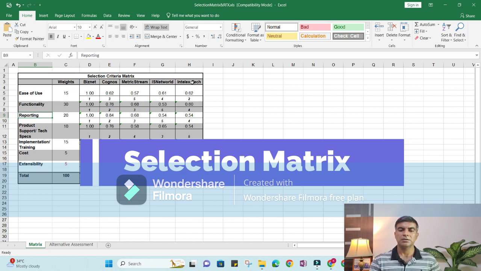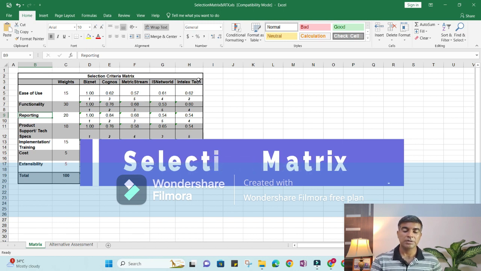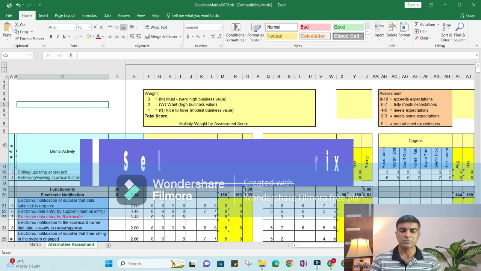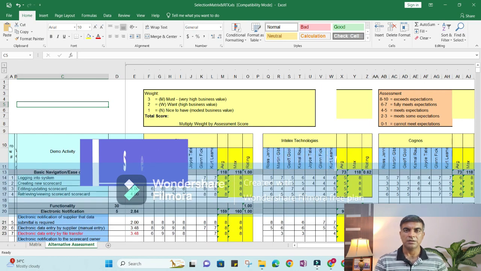Once we had these criteria, we had the weights, and we had shortlisted the suppliers, that's when we were ready to create an RFX that we would send to our suppliers. So in the next tab, I will show you an example of the RFX.